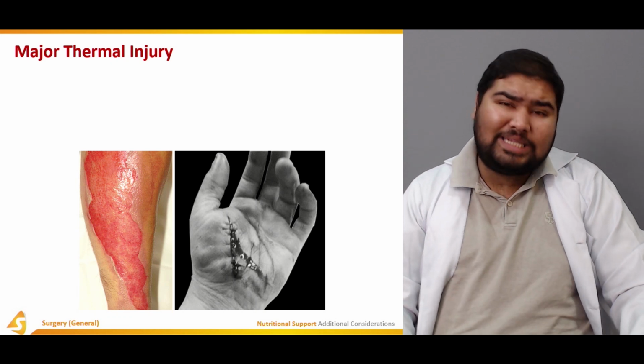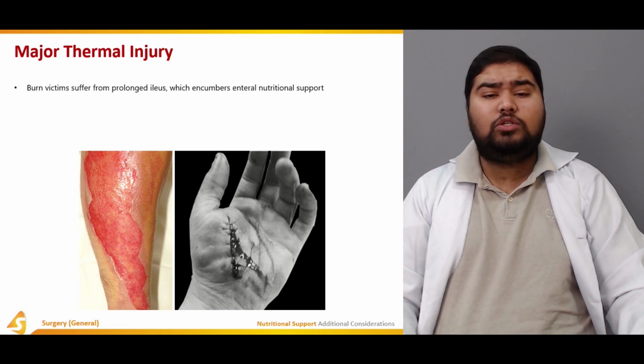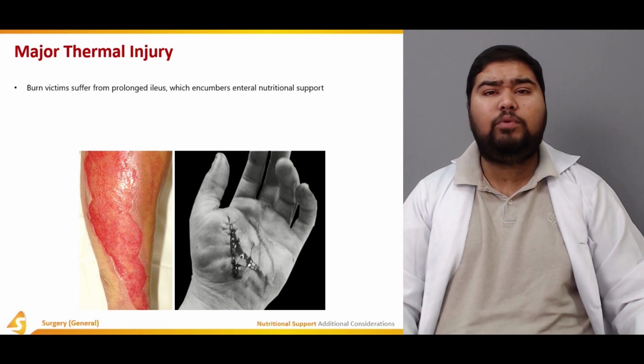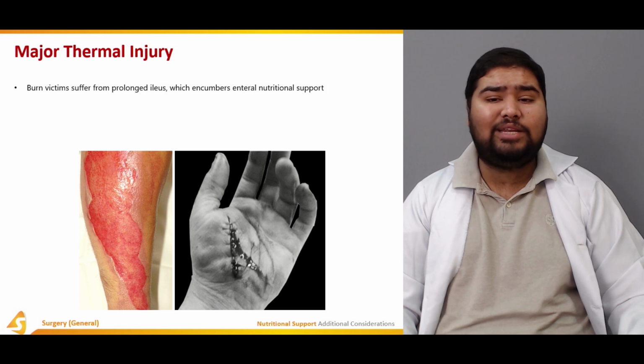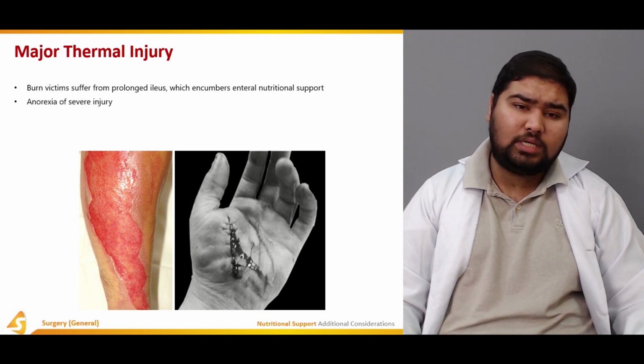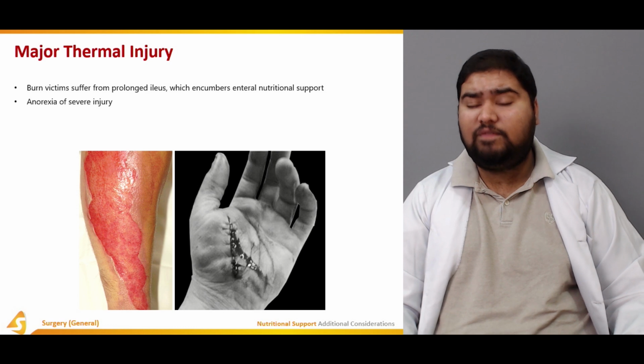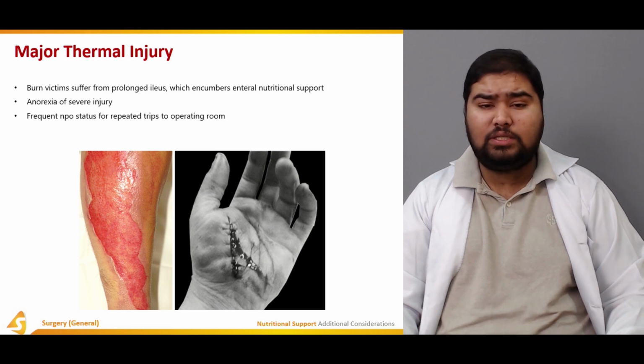Moving on to the major thermal injuries. So, burn victims suffer from prolonged ileus or anorexia, which encumbers enteral nutritional support. There's anorexia of severe injury as well in these patients.